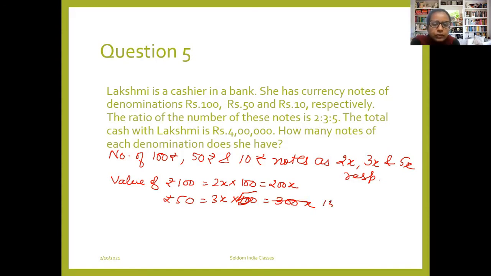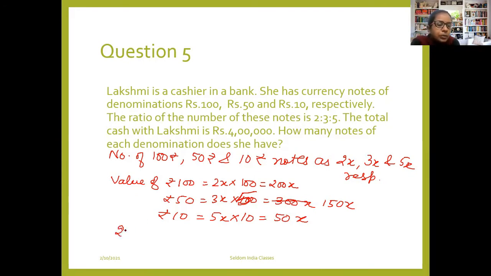So 150x. Correct? And rupees 10 notes, 5x into 10, so 50x. Multiply the number of notes with the value of each note.